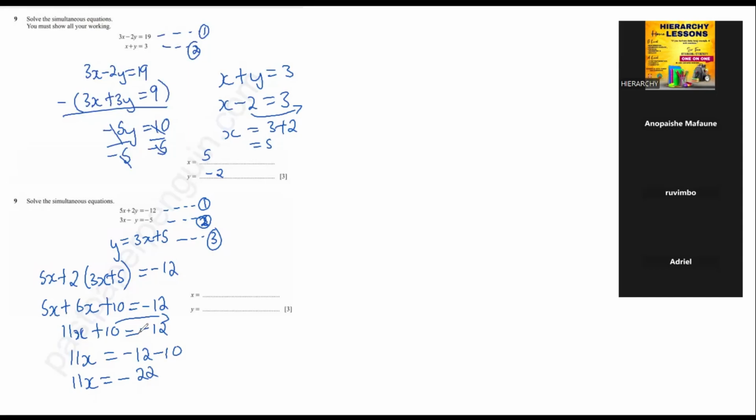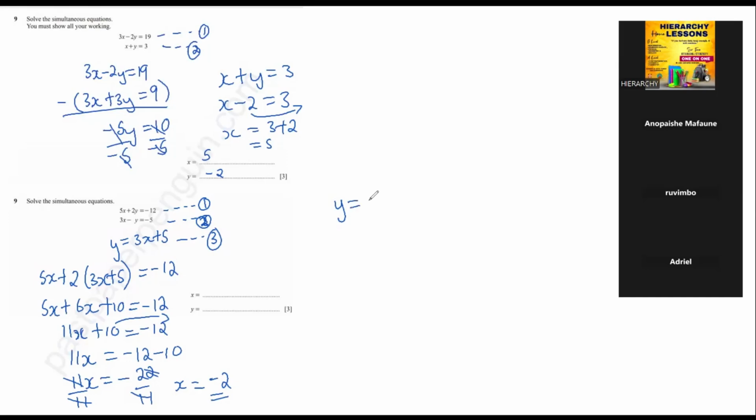And then what do you do now? We divide both sides by 11. Okay. So what do you get? X is what? Minus 2. Okay. And then how do you find y? We substitute x, minus 2, into equation 3. Okay.